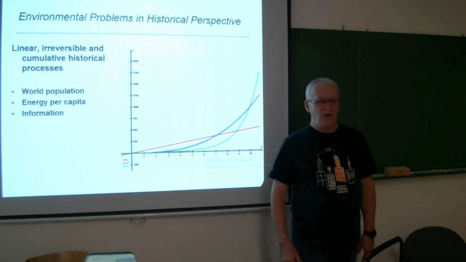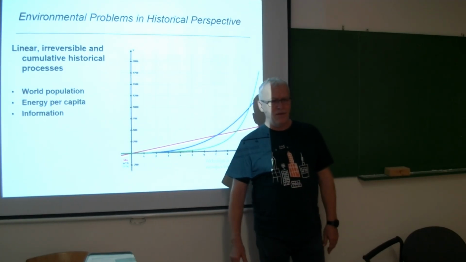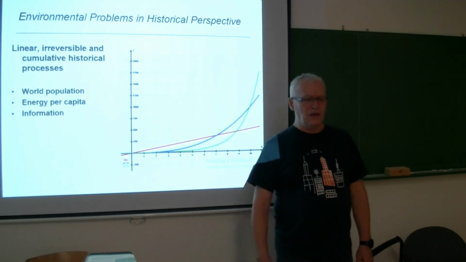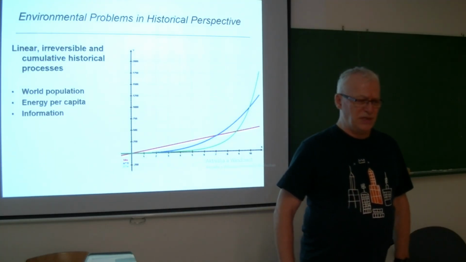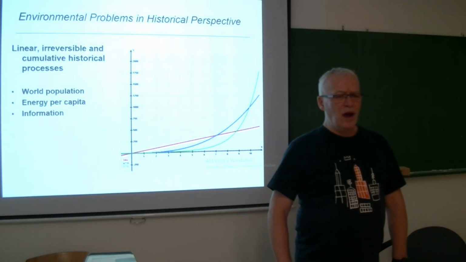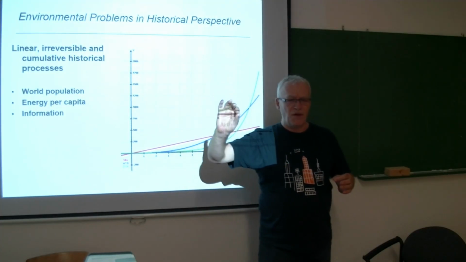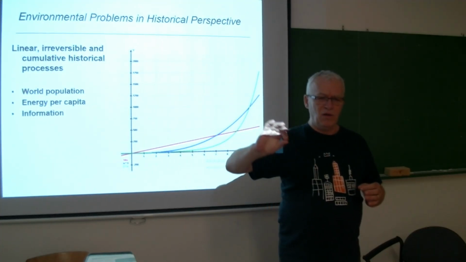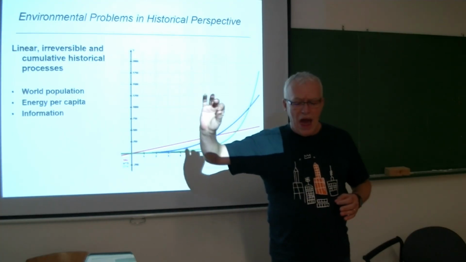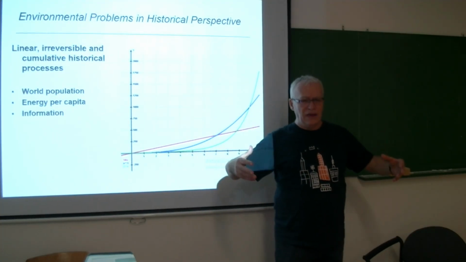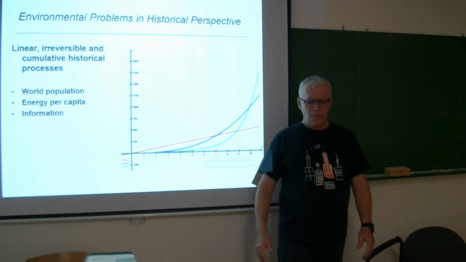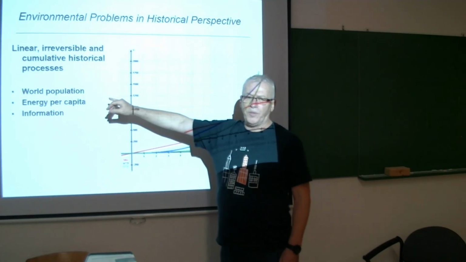But if we are looking at global history, we can identify three processes which are linear, follow the same trajectory, irreversible, with no way except into the direction of the future, and cumulative, accumulating the deeds in the historical past. The first one is world population.